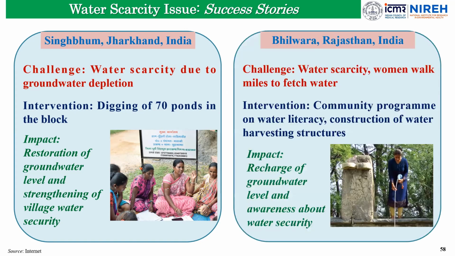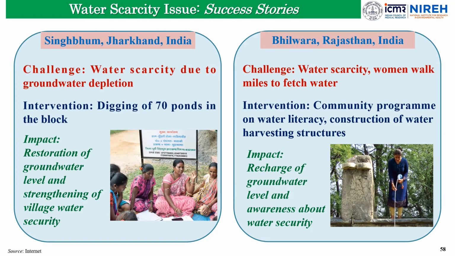Another story I have taken from the Bhilwara district of Rajasthan, which is very water scarce, and women used to walk a lot to fetch water for their family. So they also did an intervention. First of all, they made the people aware. They made them water literate. They made them aware that water should not be wasted.